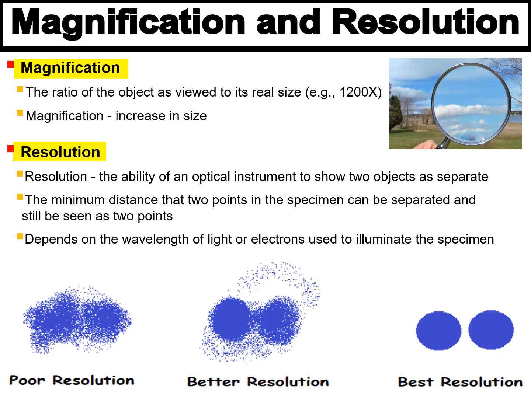Notice, in the image on the bottom of this slide, that in the best resolution option on the far right, you can easily see two clearly defined objects, separated by a minute distance. The next slide shows you biological images produced with both light and electron microscopes.